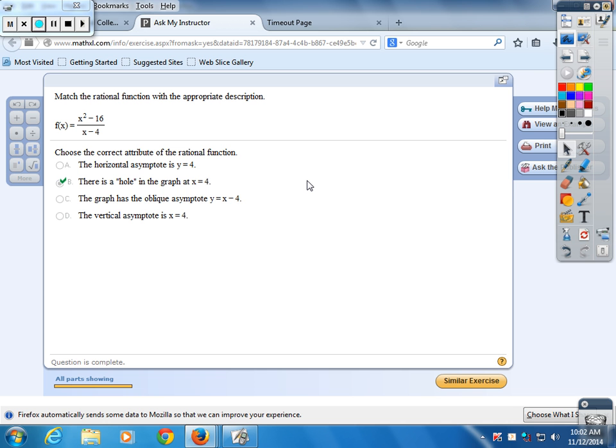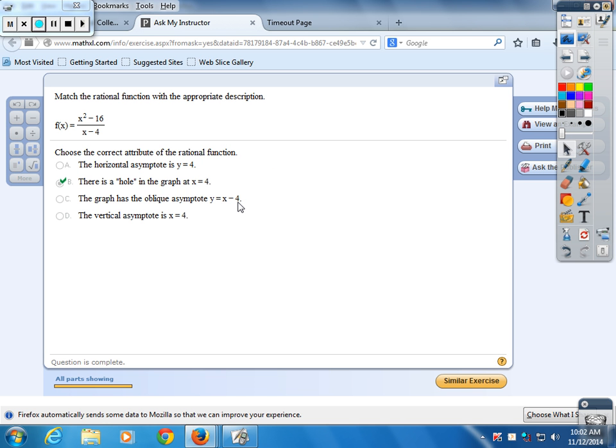Now, you need to do something before you answer this question. Factor. Why? What tells you to factor it? Because a squared and 16 are perfect squares. That is the difference of two squares, perfect squares, shortcut, however you want to say it. Basically, your answer is x plus 4. But there is a hole at x equals 4. Why?